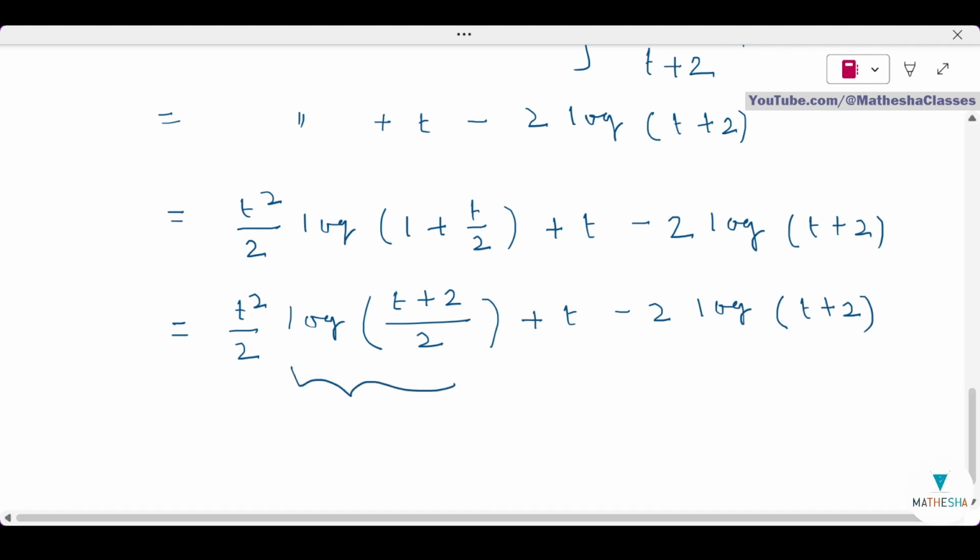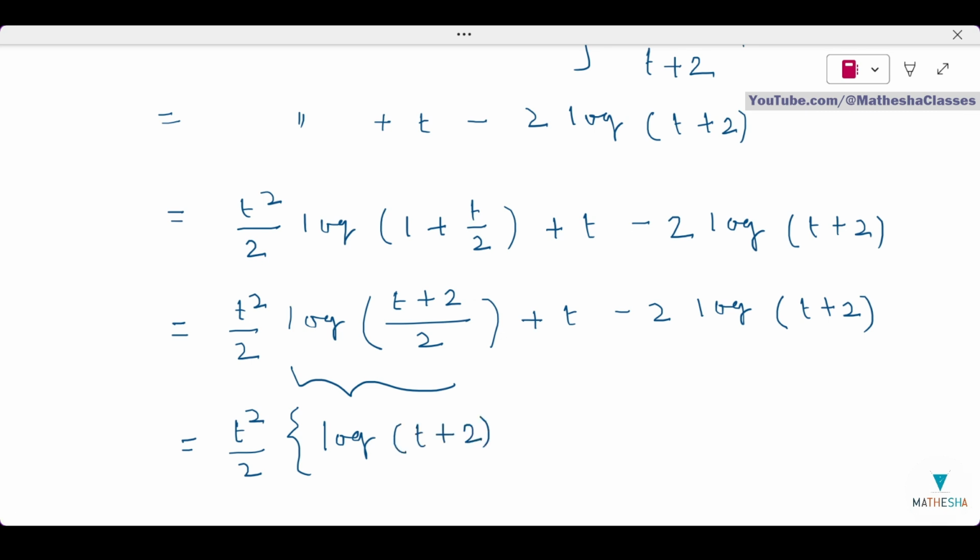And now we'll break the log part by using the formula: log a by b is log a minus log b. So the first term will turn out to be t square by 2 times, inside the bracket, log of t plus 2 minus log 2.